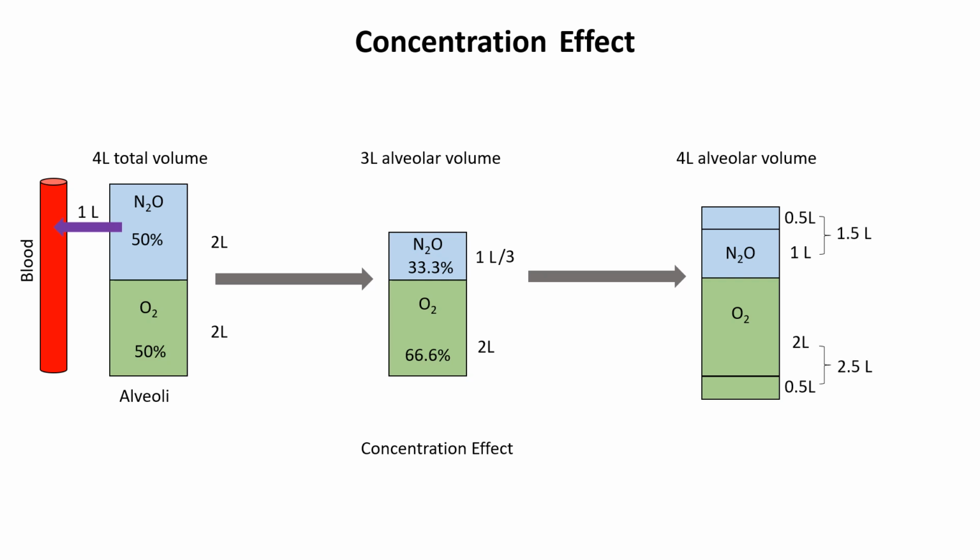The new concentration of nitrous oxide in the alveoli is 1.5 by 4, or approximately 37.5%. This is the second phase of the concentration effect, known as the augmented gas inflow effect or ventilation effect.